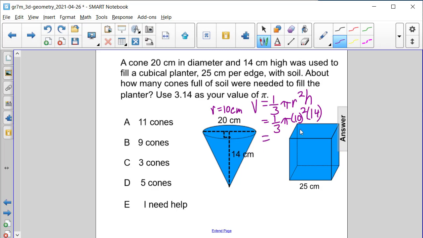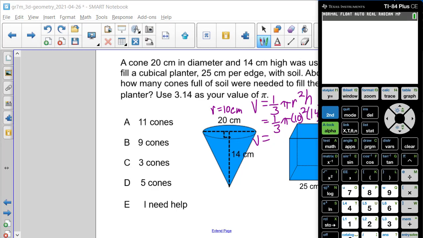None of these values are divisible by 3, so let's use the calculator to determine the volume of the cone. So we have 1/3 times pi, and we're told to use 3.14 as pi, times 10 squared, which is 100, times our height, which is 14.